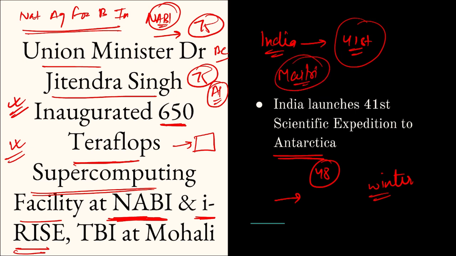A question can be asked: what is the name of the Indian Antarctic station? It is Maitri. 48 members will be going to Maitri, and the members of the 40th Antarctic mission will be coming back, while these 48 members will stay over the winter to conduct various experiments and research work over there.